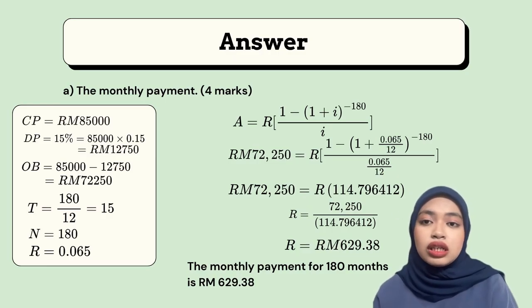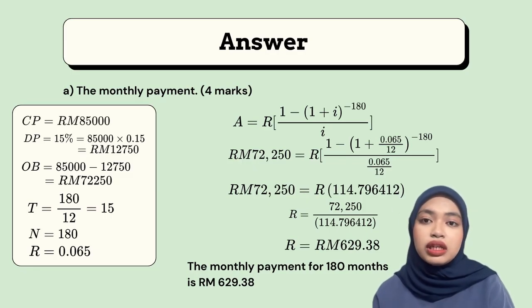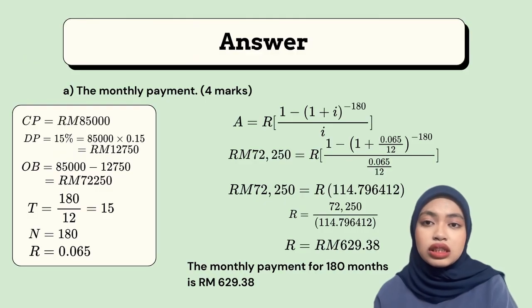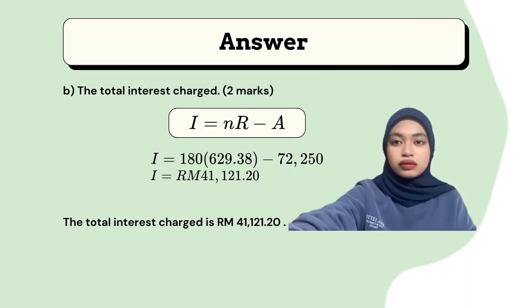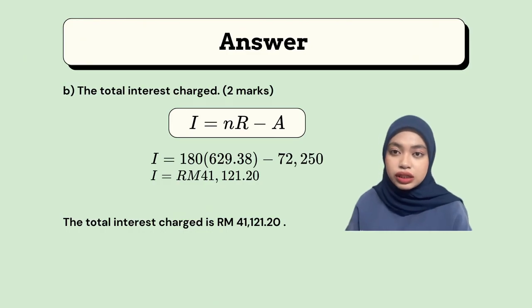Then to find the monthly payment, we use the present value formula of an ordinary annuity, which ensures all installments are equal while interest is calculated on the outstanding balance. After substituting the values into the formula, the monthly payment is 629.38.